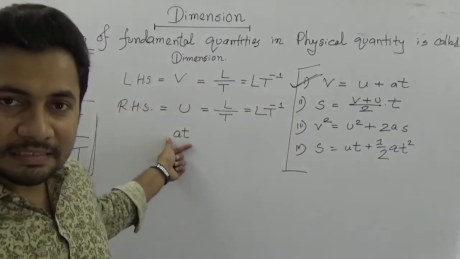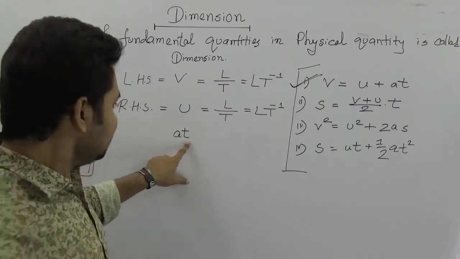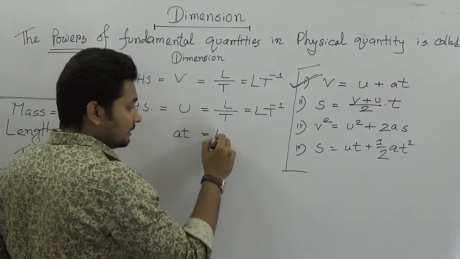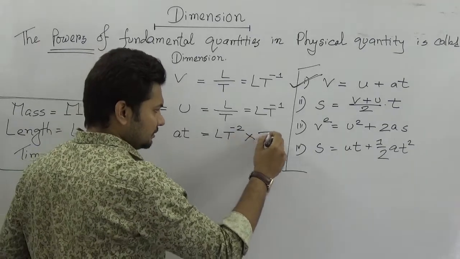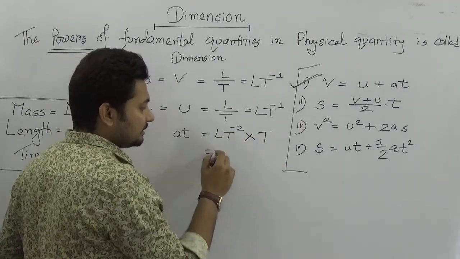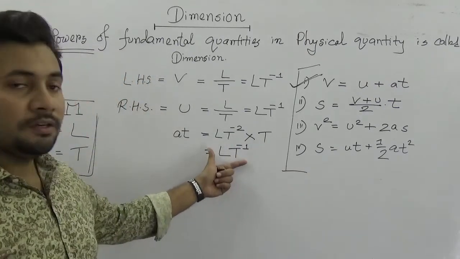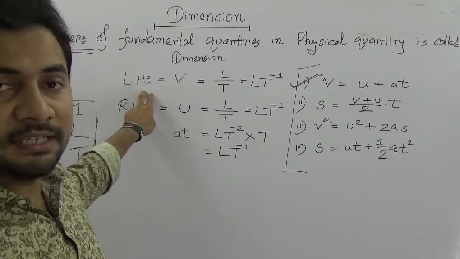And in case of AT, we know this is acceleration times T, and A is LT inverse 2 into time. So if we multiply here, we will find LT inverse 1. So we got the same dimension on the left hand side and the right hand side.